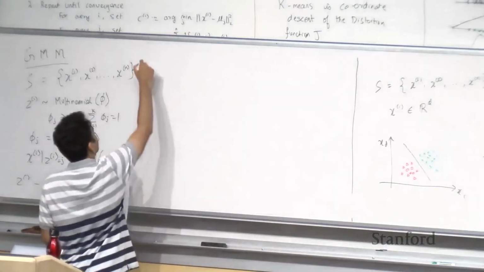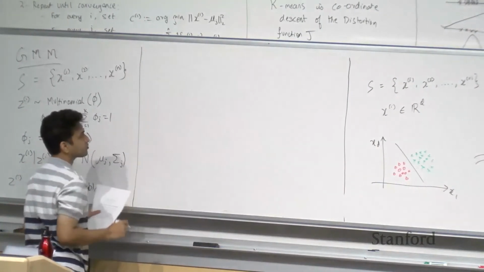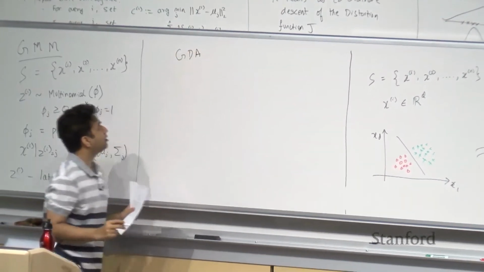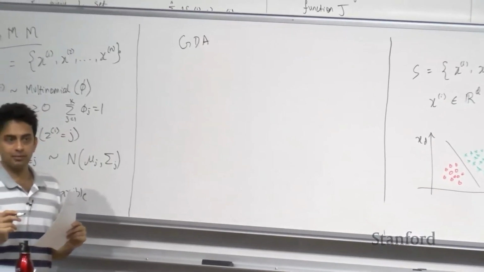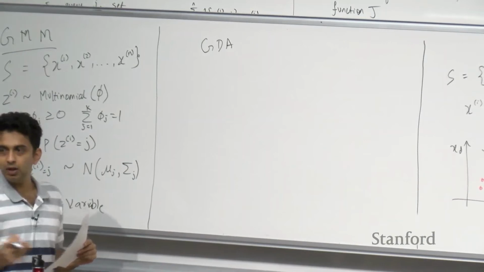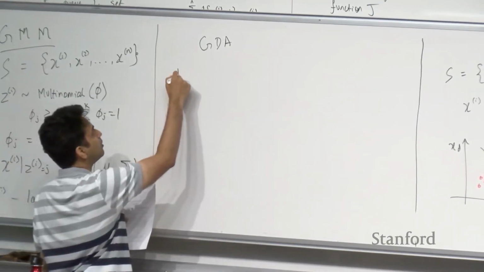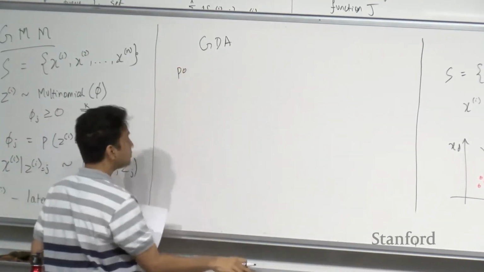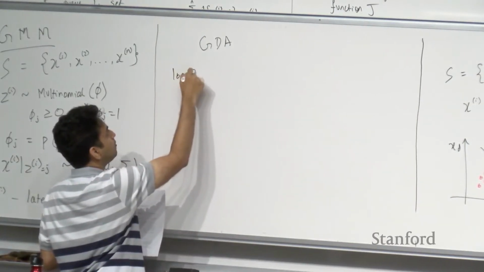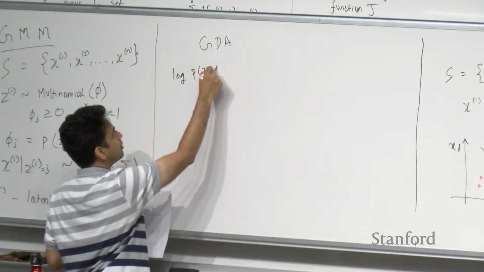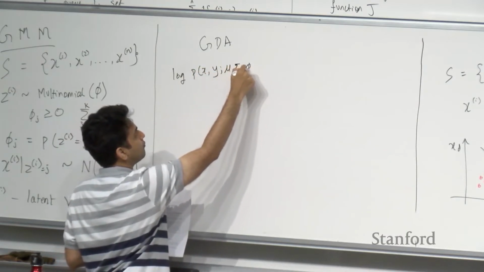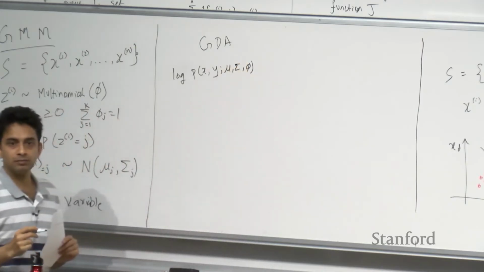And now in GDA, we performed maximum likelihood estimation, and our maximum likelihood objective was log p of x comma y, where mu, sigma and phi were the parameters. Right?